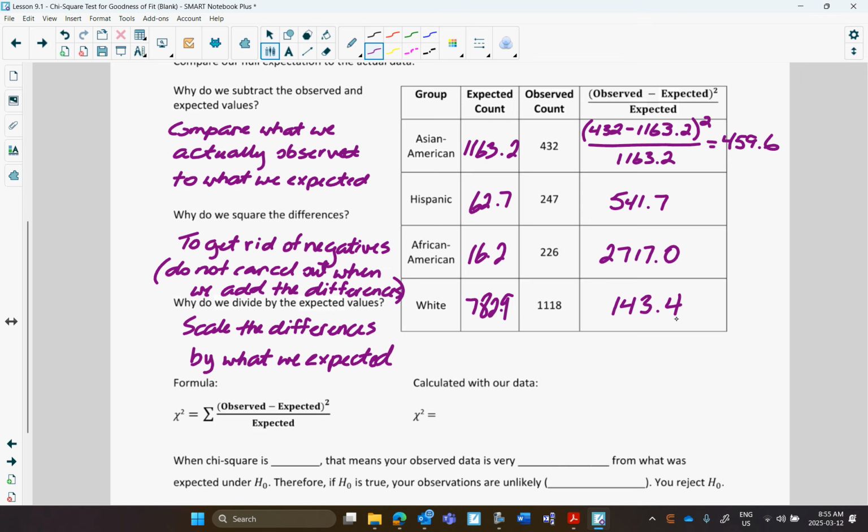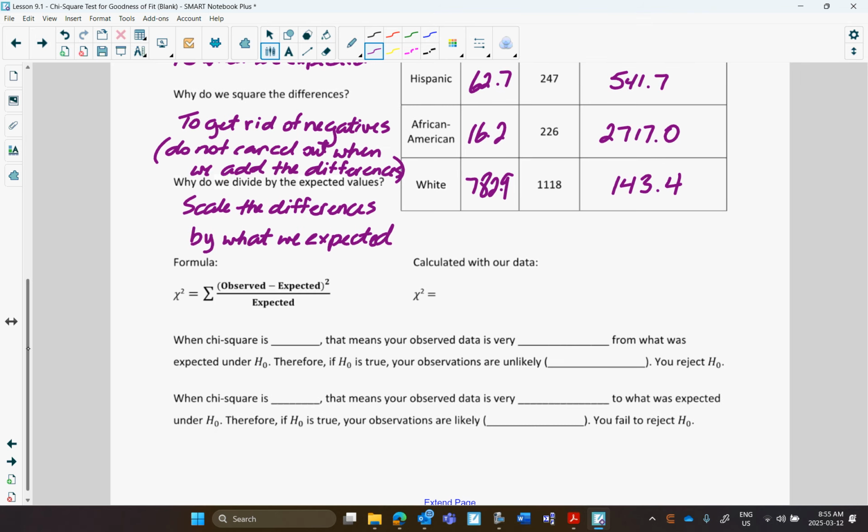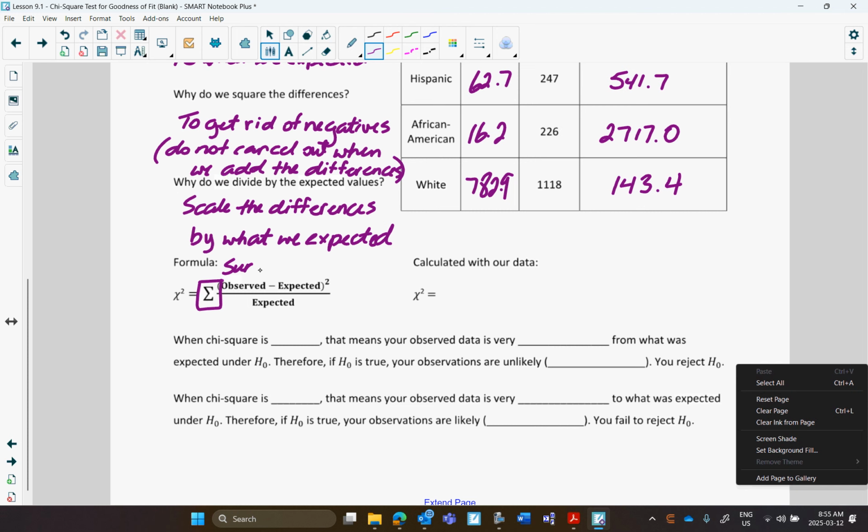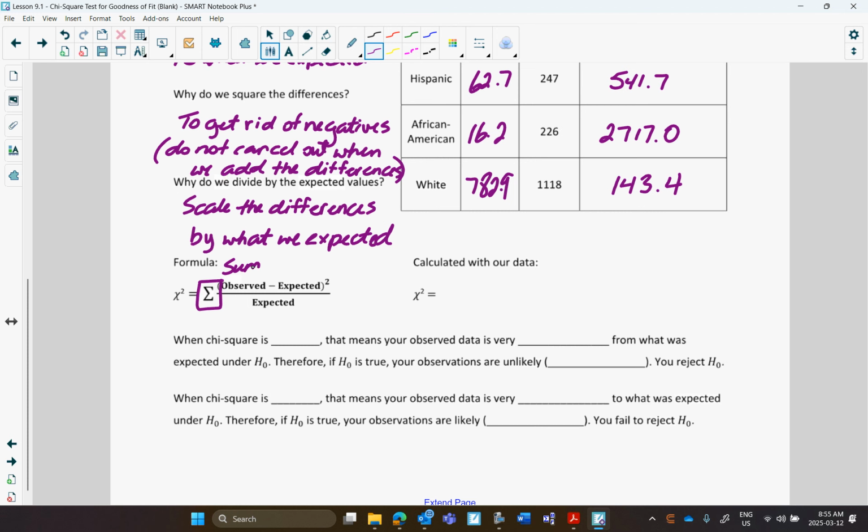So to find the actual chi-squared statistic, like I said, it's the sum of all those numbers. I calculate each one using this formula, and then I add them all up. This is a formula you will get. You do not have to memorize it. Okay?